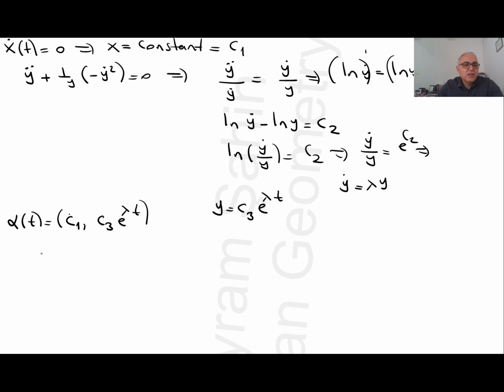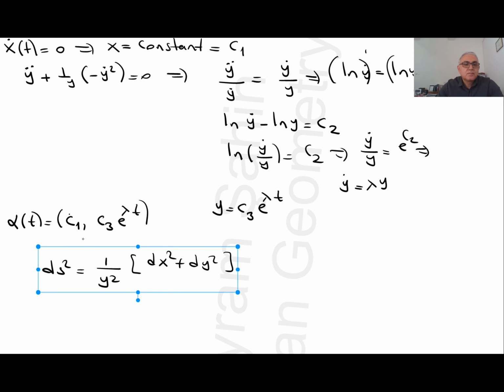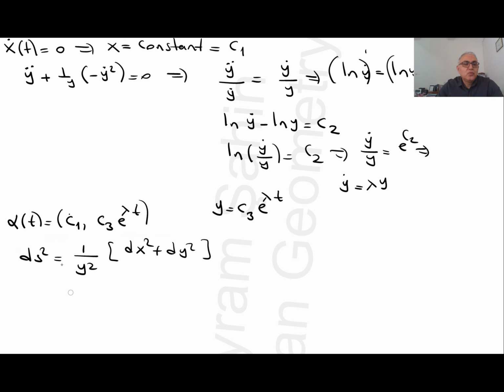So if you put here this one, this should be 1. Okay, dx will be 0, dy will be c3 lambda times e to lambda t, squared over y itself, c3 e to lambda t squared will be 1.